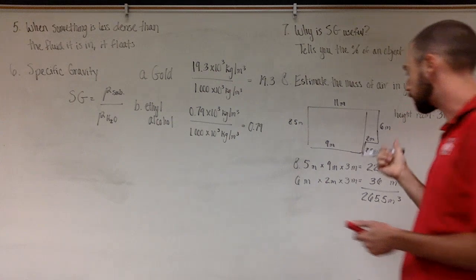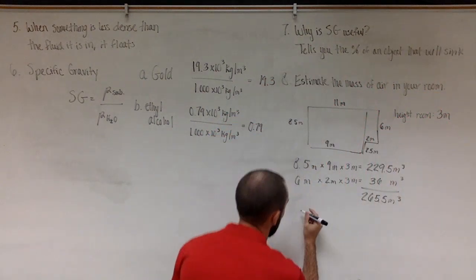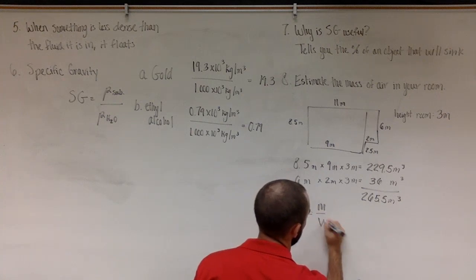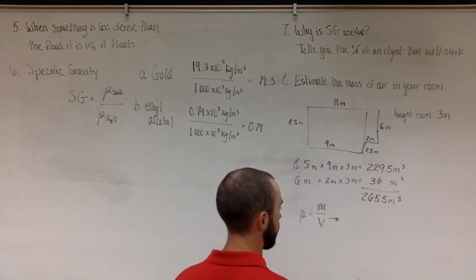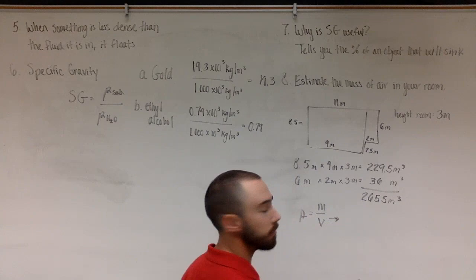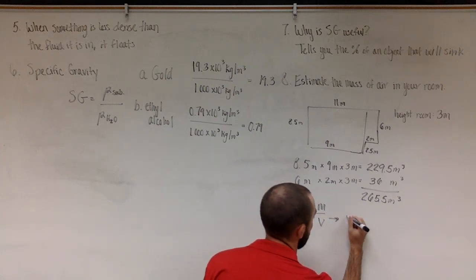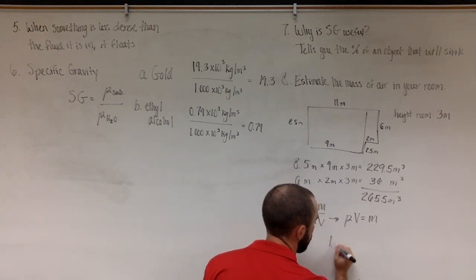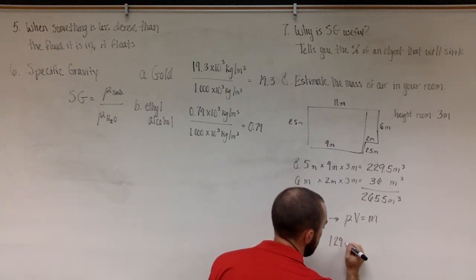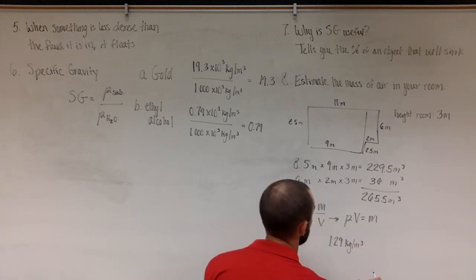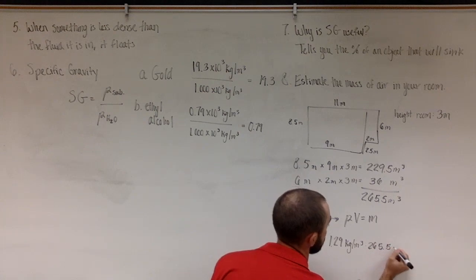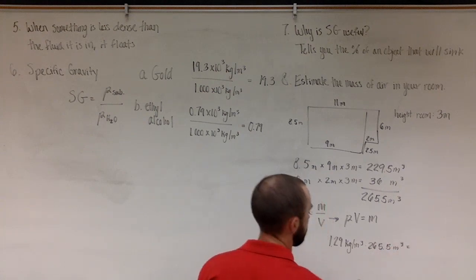Now I am going to use the density of air at STP, which is about 1.29 kilograms per cubic meter. So density equals mass over volume. We're trying to solve for mass, so I'm going to rearrange this by multiplying by volume on both sides. I will get that rho V equals M. My rho is 1.29 kilograms per cubic meter times the volume, which is 265.5 cubic meters.